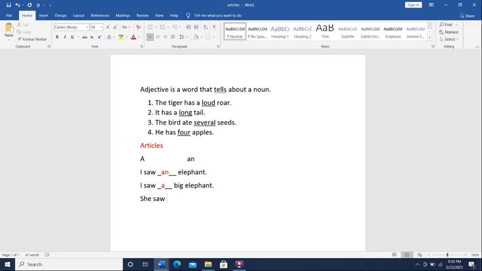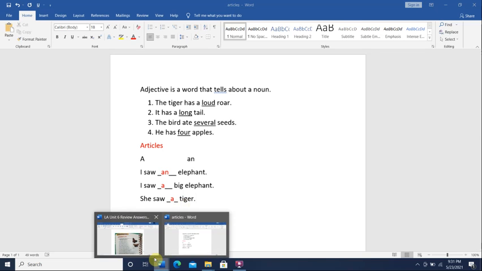She saw tiger. Tiger begins with T. Is that a vowel? No. So we can put here she saw a tiger. So if I ask you to put an article, you have to see what the next word begins with. It begins with a vowel or it begins with a consonant. If it begins with a vowel, A, E, I, O, U, we put an. If it doesn't, we put a.